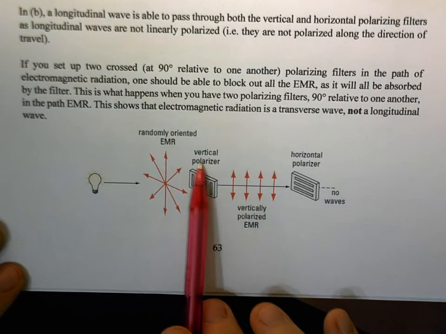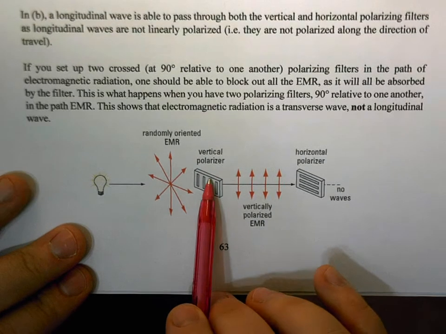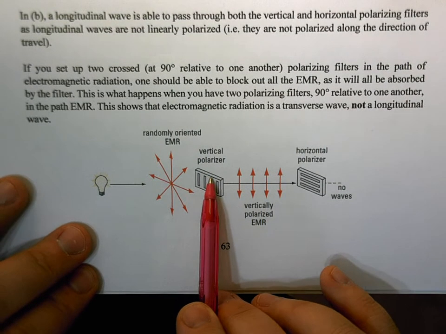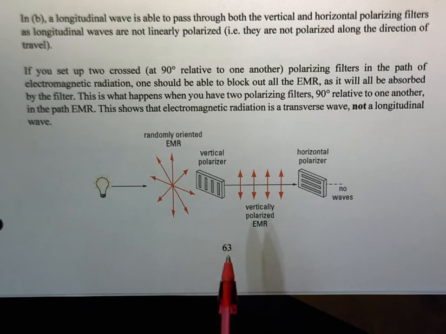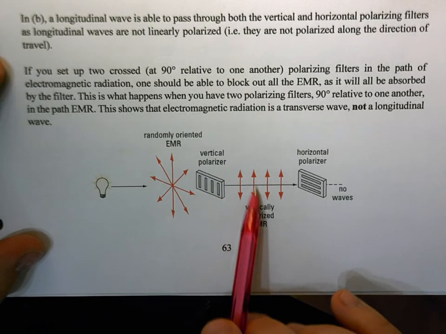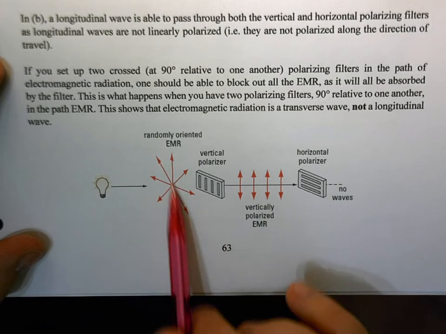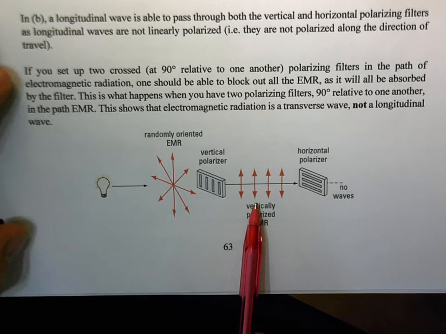A polarizer only allows through one specific plane of polarization. If we have this vertical polarizer, it only allows light that is in the vertical plane. Everything else gets rejected. So when the light approaches this filter, only our vertical bits of light pass through. We'd say that the light is vertically polarized.